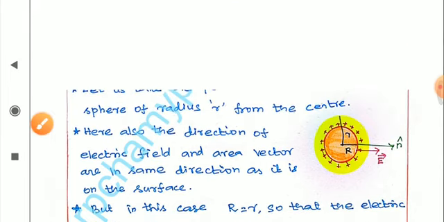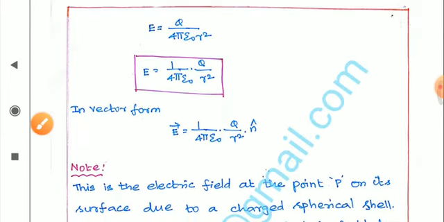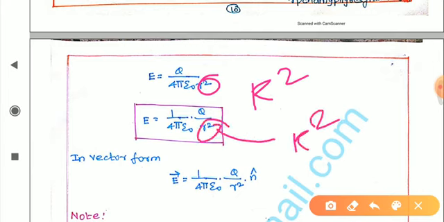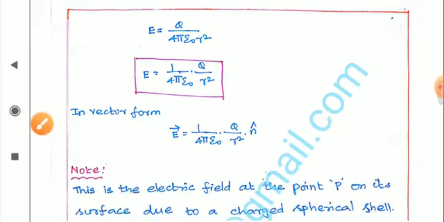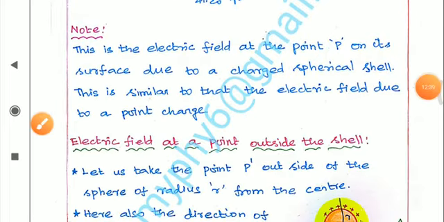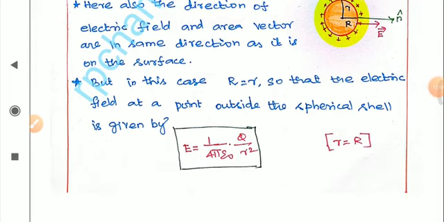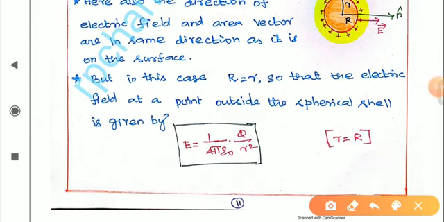Because in the previous case, I already told you to write the correction. Here, instead of small r square, you have to change it to capital R square, because we have chosen the radius capital R, so here also we have to write capital R only. But in the next case, outside the surface, the radius is taken as small r, so in the final equation, while calculating the electric field, E is equal to 1 by 4 pi epsilon naught into Q by small r square.